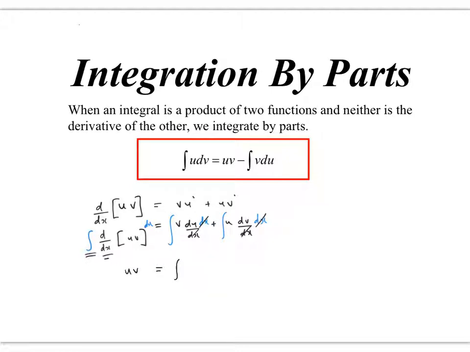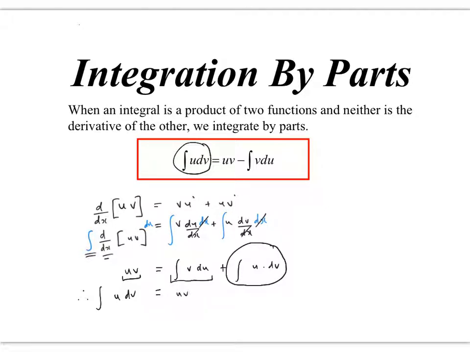So then we have the integral of v du plus the integral of u dv, and then we want to just rearrange it so we end up getting the integral of u dv. So therefore the integral of u dv is equal to this, and then get that to the other side. So then we have uv take away the integral of v du. So integration by parts is the product rule in the reverse form, and then just rearrange that.